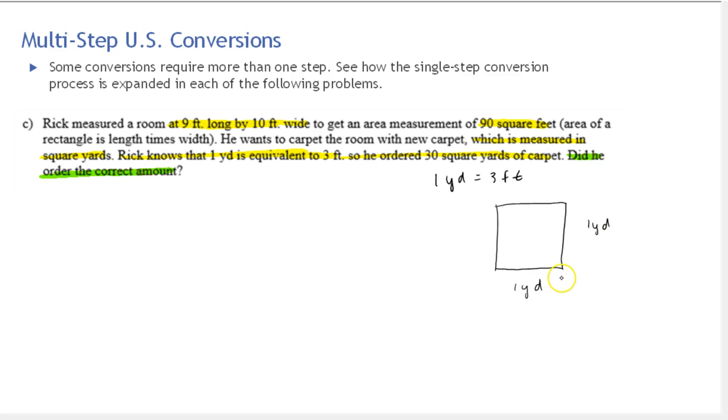Okay. So it's 1 yard by 1 yard is by definition 1 square yard. Now let's cut this into feet. Well, there's 3 feet in each yard. So that means there's 1, 2, 3, 4, 5, 6, 7, 8, 9 square feet in 1 square yard.